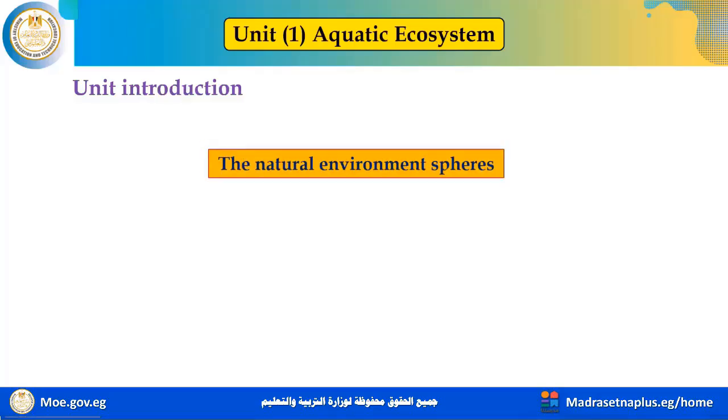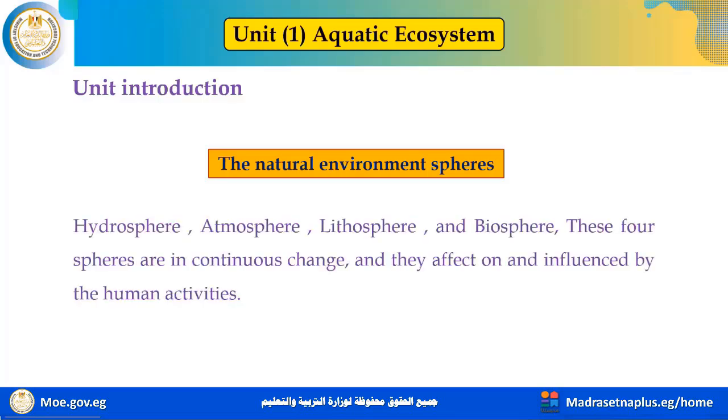Now, everybody, let's talk about the natural environment spheres. Let's go for the definition first, then I will explain for you. Hydrosphere, atmosphere, lithosphere, and biosphere. These four spheres are in continuous change and they affect and are influenced by human activities.